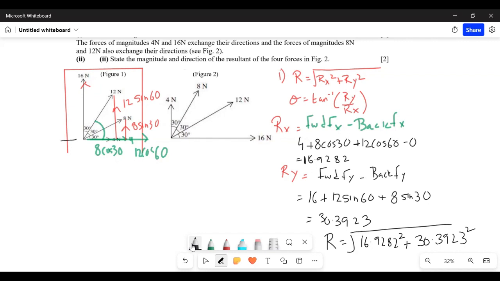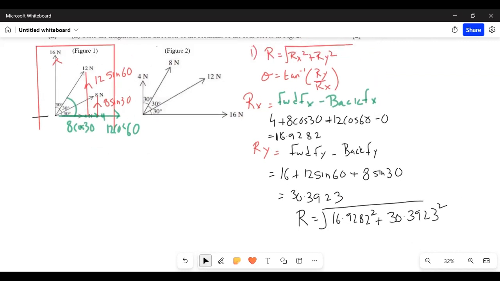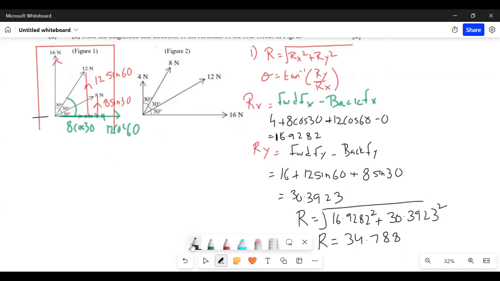The answer is 34.7887, which is going to be 34.8 newtons in 3 significant figures. That is the magnitude of the resultant force.